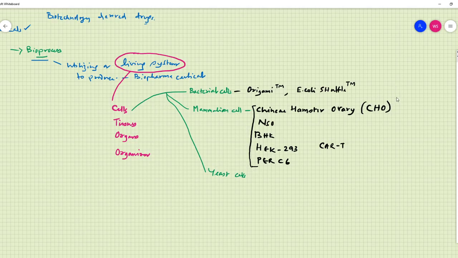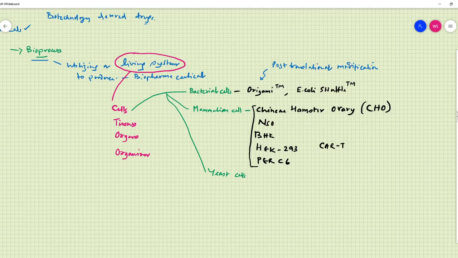Now these cells are used to produce biopharmaceuticals, which may be proteins. So bacterial cells have got a limitation in that they cannot do post-translational modification. Okay, so what is post-translational modification? After transcription, it gets translated.